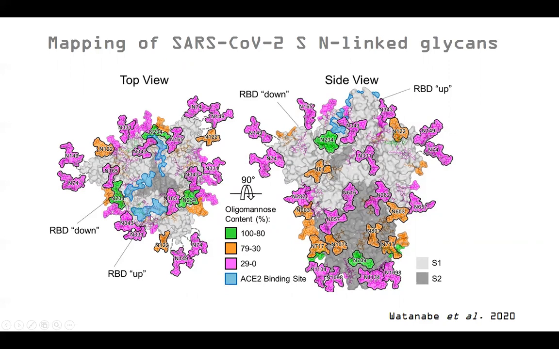You don't have to take a lot away from this, but basically all of these colored regions, the magenta, green, and orange, not the blue ones, represent different glycosylations that are predicted to occur on the top and side of the spike protein. So you can see this is very heavily decorated with carbohydrates.